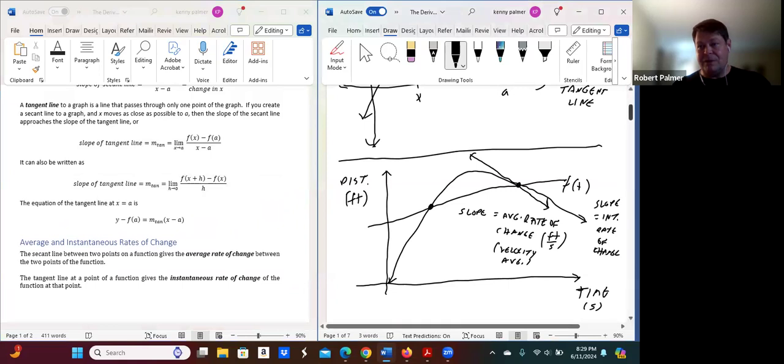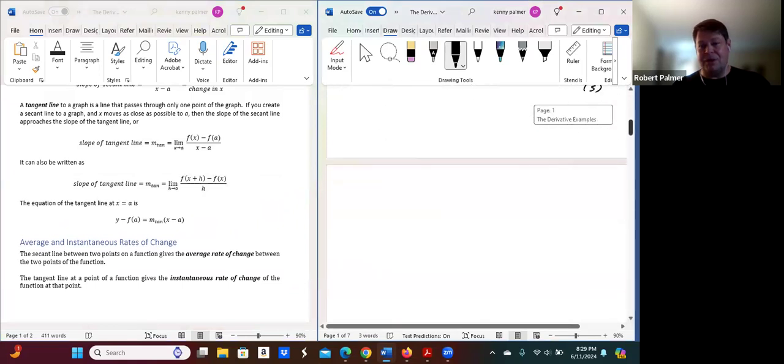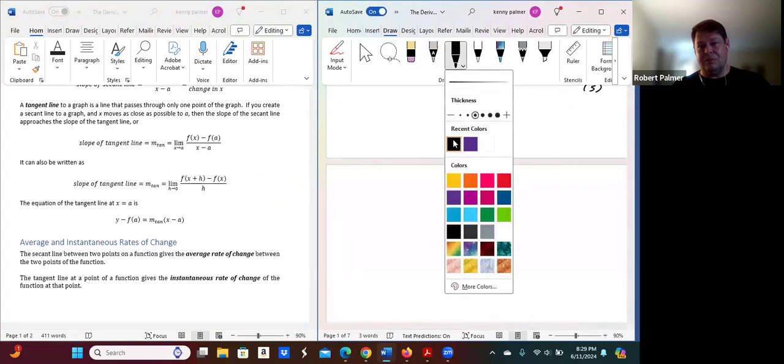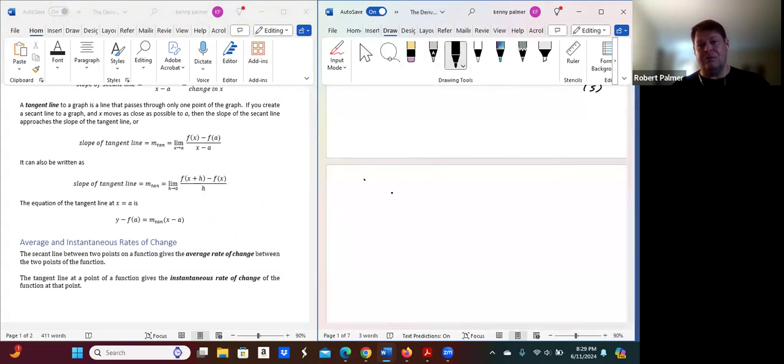And what that means, let's actually go to another page. Let's get another example. Let's think about the tangent line. There's a set of axes.